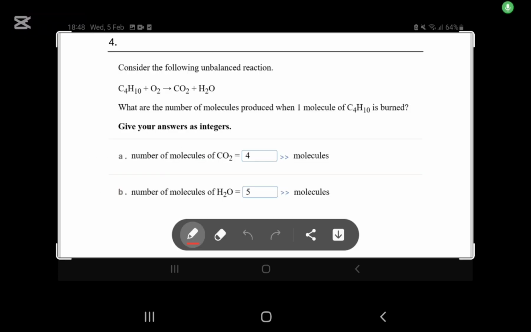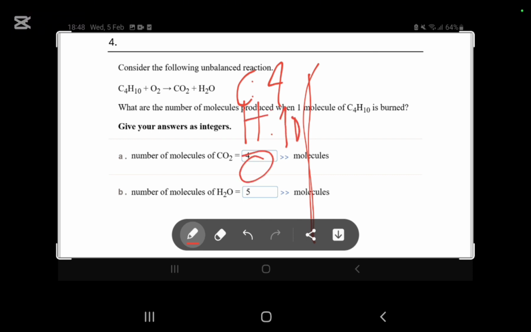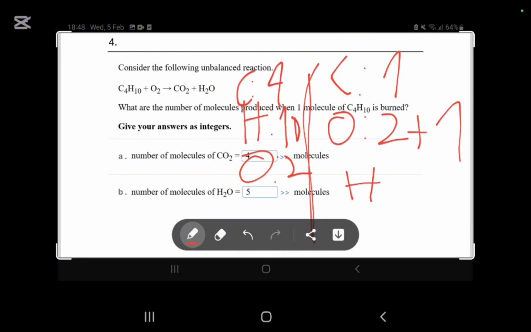God. Okay, look, so on the reactant side we have 4C, we have 10H and 2O, right? And then on the product side we have 1C, and then O2 plus 1, and H we have 2.